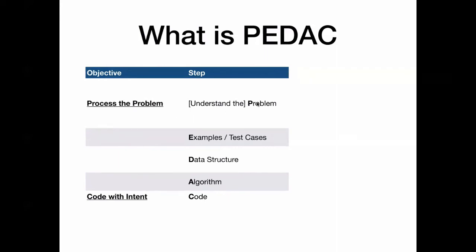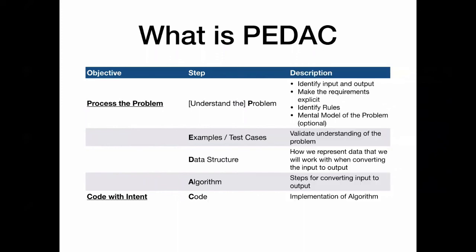So process the problem, the four main steps: problem or understand the problem, examples and test cases, data structure, algorithm, and code. And when we talk about understanding the problem, what we mean here is that, at least broadly speaking, we want to get an idea of what are the inputs and outputs that we'll be needing for the problem. And if there are any requirements that aren't explicit, we'll make them explicit.